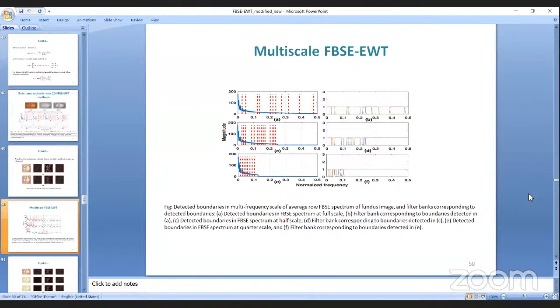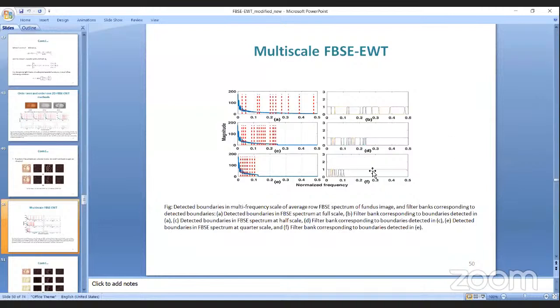We call these scaling operations. Here you can see the average row spectrum at full scale, this is the average row spectrum at half scale, and this is the average row spectrum at quarter scale. On the right hand side, you can see the designed filter banks corresponding to all these scales: the designed filters for full scale, for half scale, and for quarter scale.